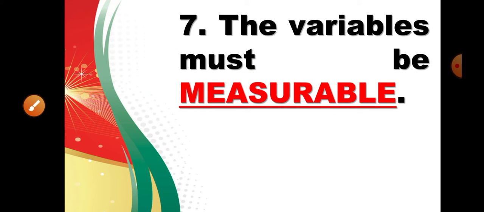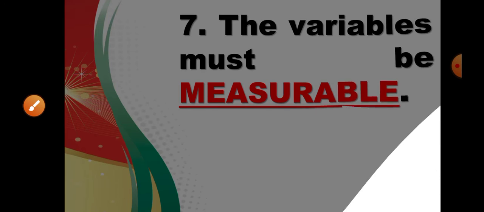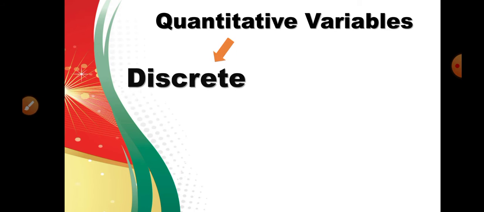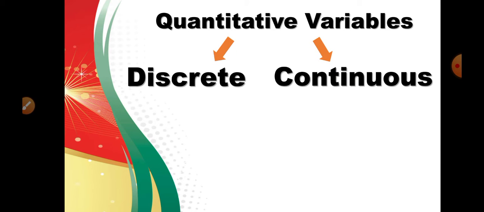Quantitative variables can either be discrete or continuous. These are the two classifications of quantitative variables: discrete and continuous. So what is the difference between the two? What is the difference between discrete quantitative variables and continuous quantitative variables?